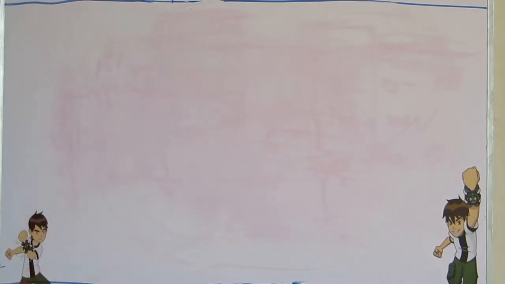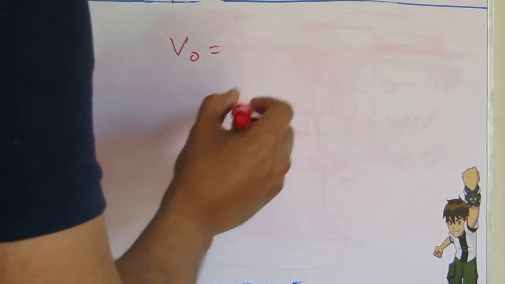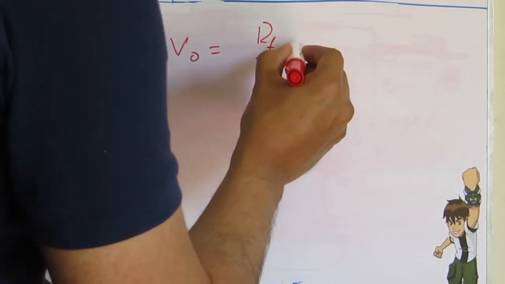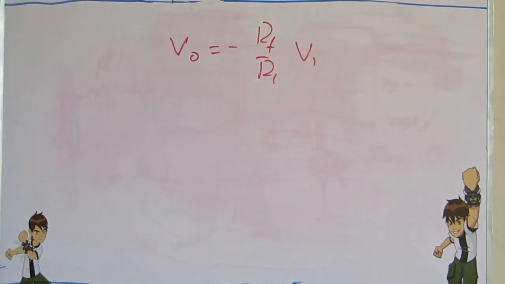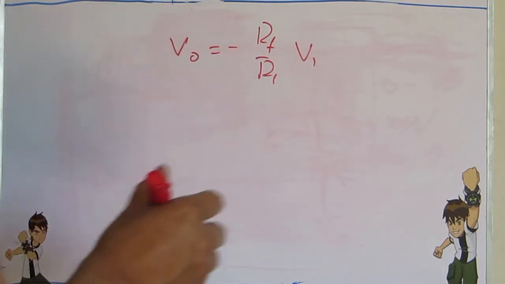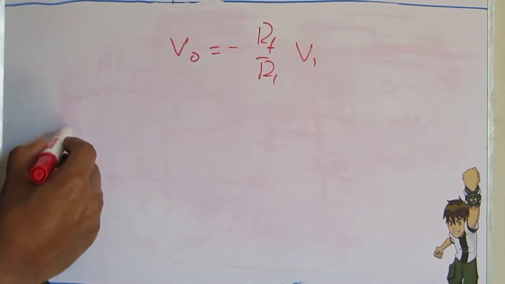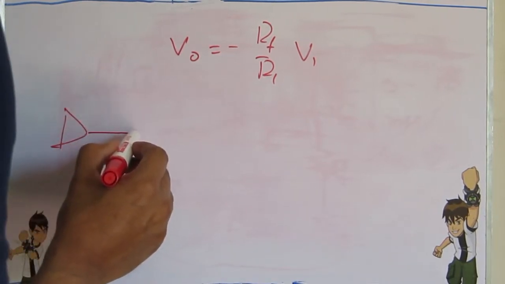Okay, for the circuit we have discussed, we can say that V0 is equal to RF by R1 into V1, with obviously a negative sign. And this V0 in this particular circuit, as you might remember, let me draw that circuit again.